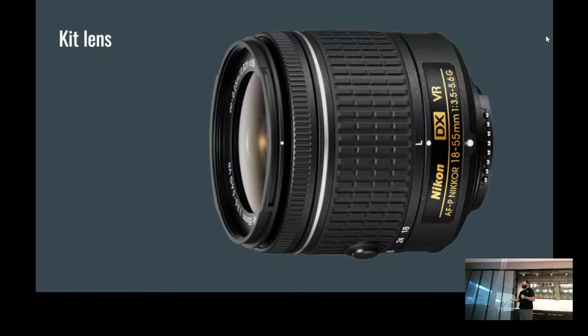The best being 2.8 for a zoom lens like this one, and the best for a prime lens being 1.2 or 1.4, which we'll talk about next. So this kit lens can let a fair amount of light in, but it's not necessarily the best for low light situations. However, it hits a good 18 to 55, so that's a good wide angle to portrait. So it's a good starting point without breaking the bank.